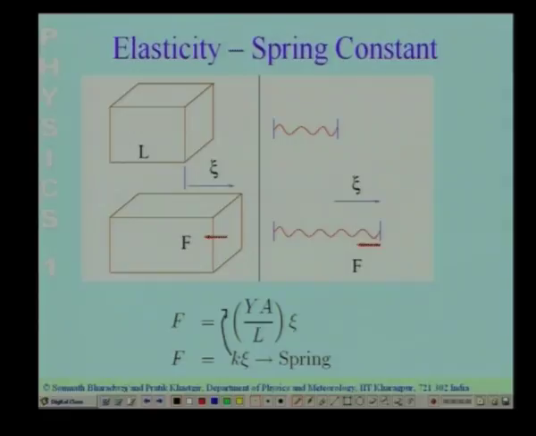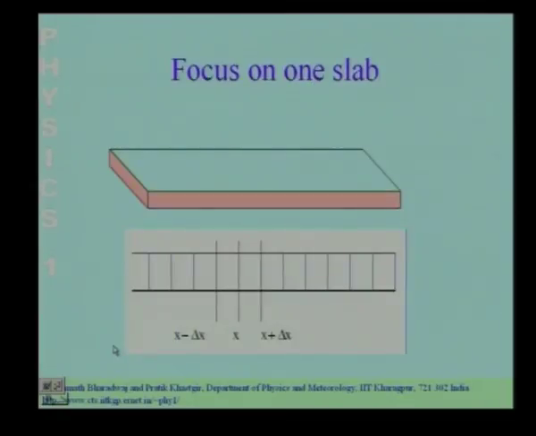So, with this brief review of elasticity, let us go back to the problem which we were discussing. We had an elastic rod. In this elastic rod, we had disturbances.